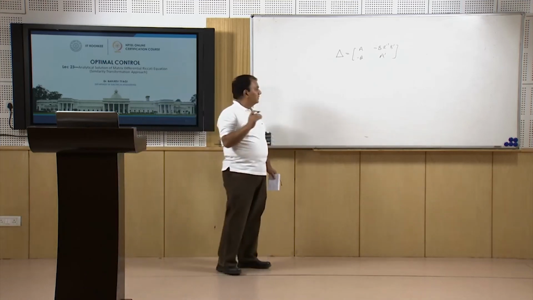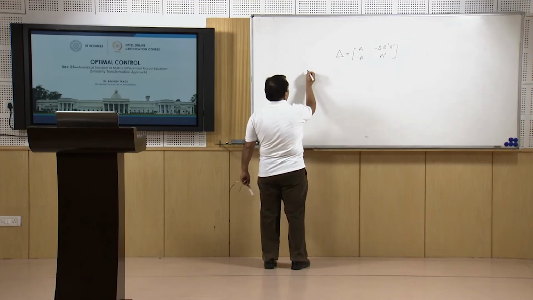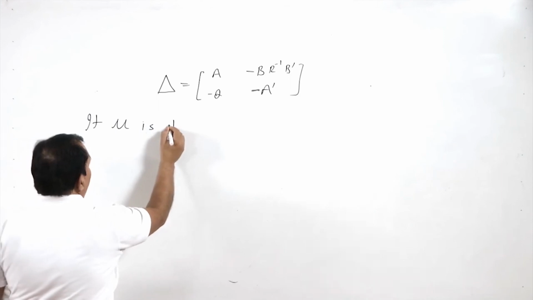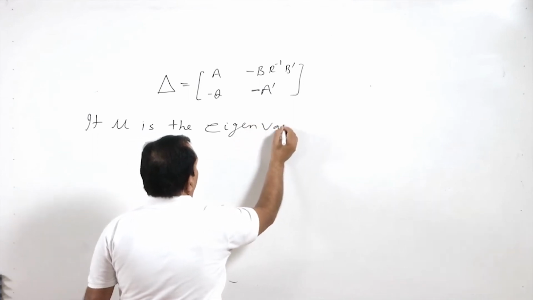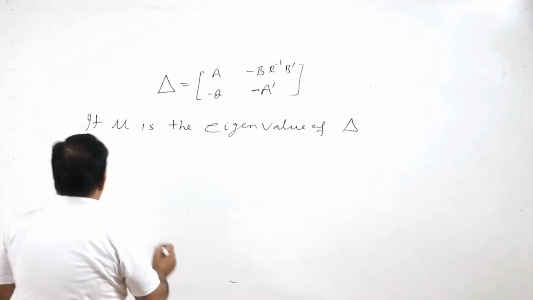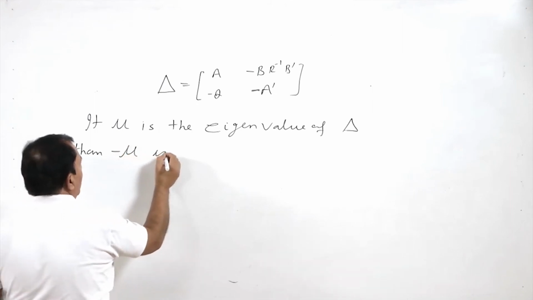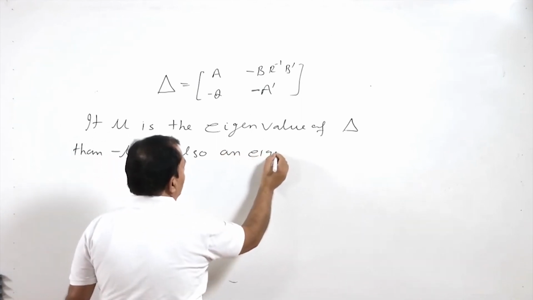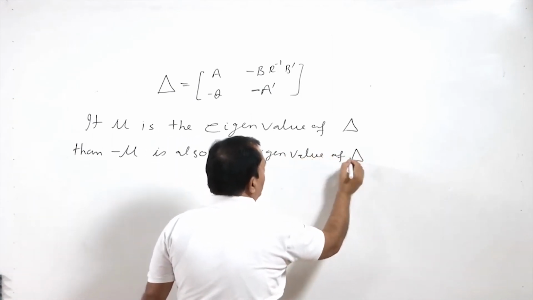So, here we give a statement: if mu is an eigenvalue of delta, then minus mu is also an eigenvalue of delta.